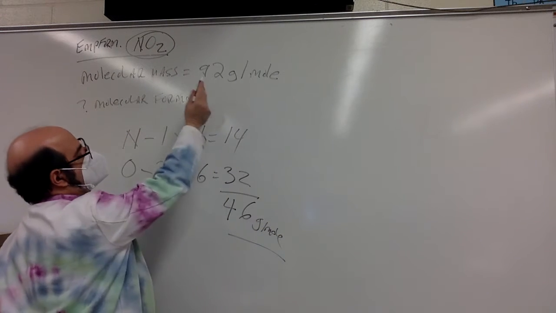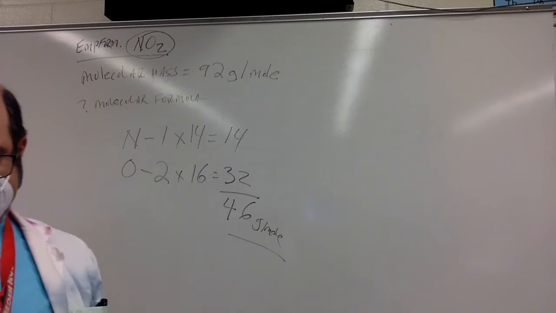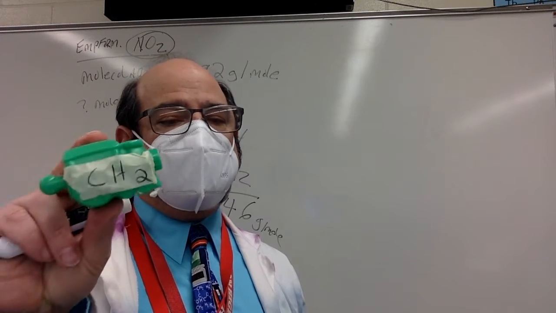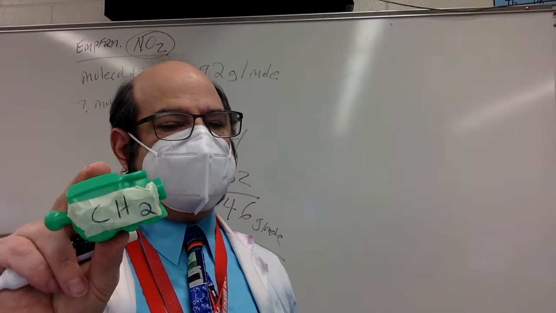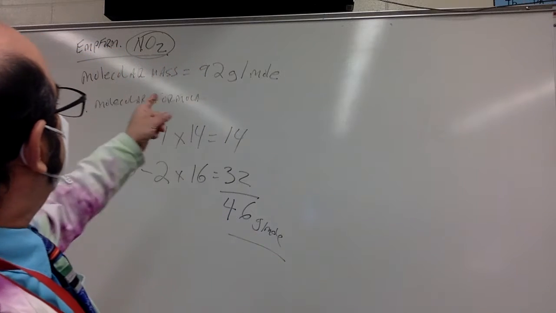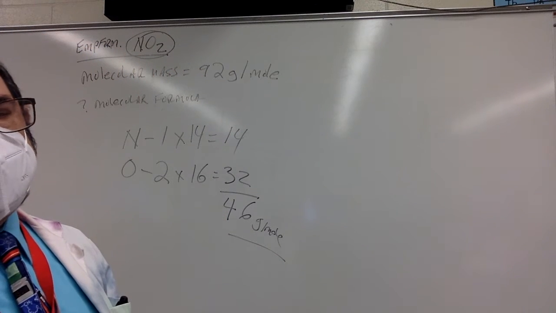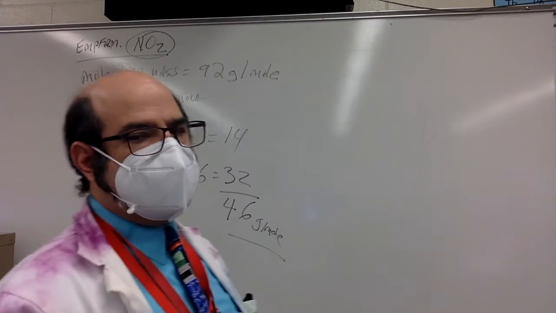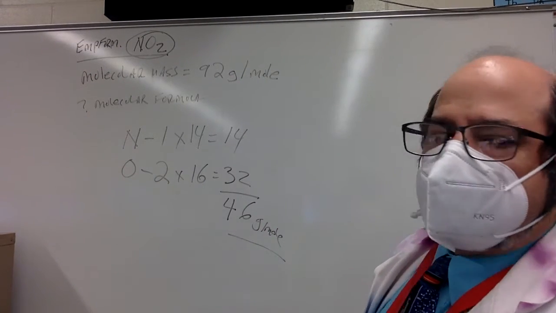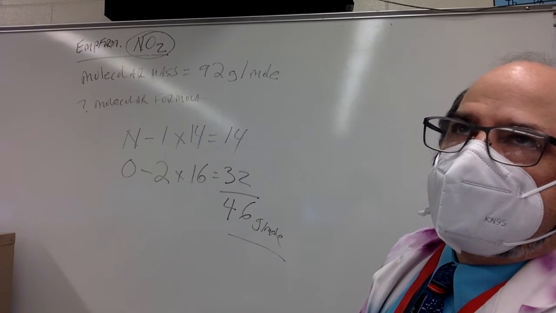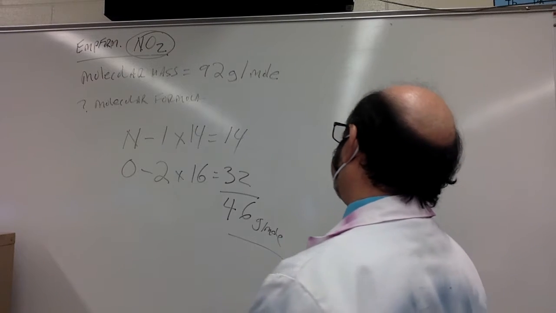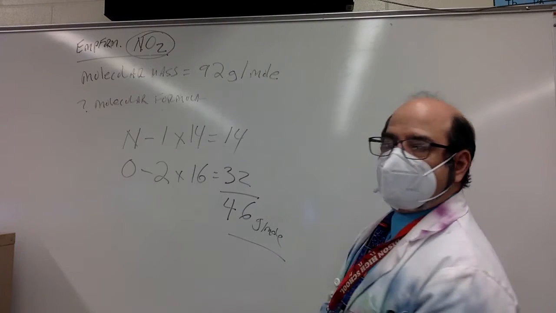Is 46 that number? No. So it is not one popham. How many pophams are there? How many empirical formulas are there in that? Well, the way I asked that question intentionally should lead you into the way that you're officially supposed to solve it, even though you can probably eyeball it, which is divide.